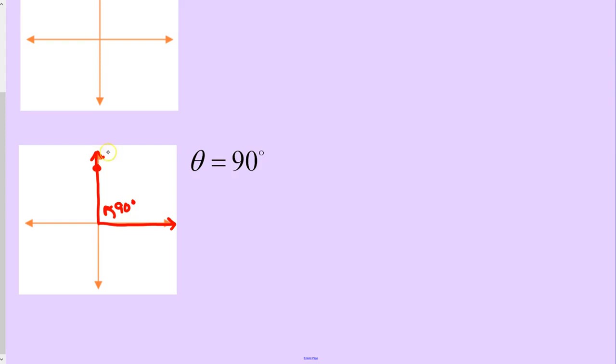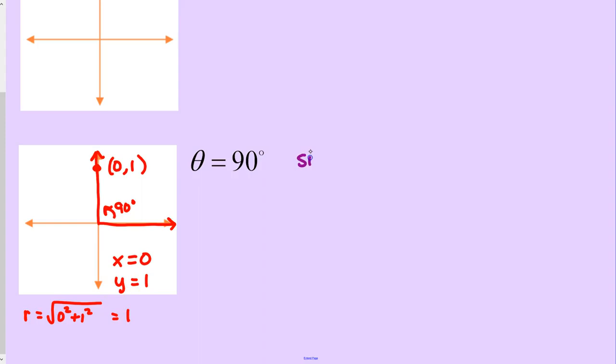Whatever I want, I'm going to use (0, 1) because it's the easiest to work with. So my x value is 0, and my y value is 1. What's my r value? r is the square root of 0 squared plus 1 squared. Square root of 1, that's 1. r is 1. So I'm going to use x equals 0, y equals 1, and r equals 1.